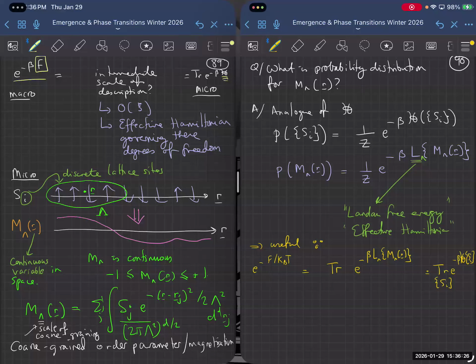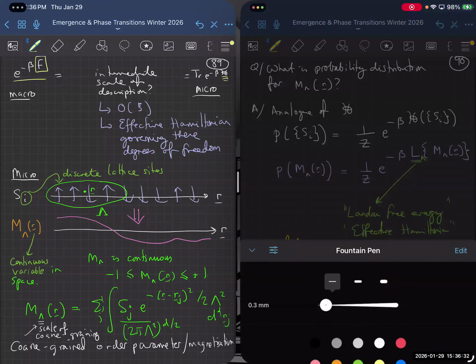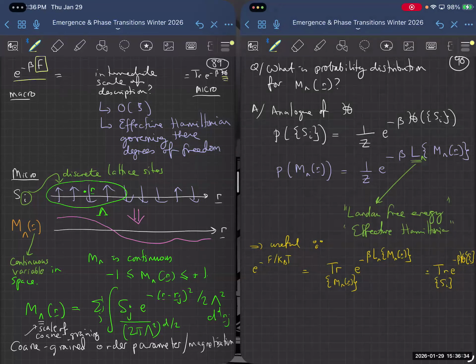I'm just going to write it down as the trace over m lambda. And what we know this notation means is a sum over all possible microscopic spin configurations.